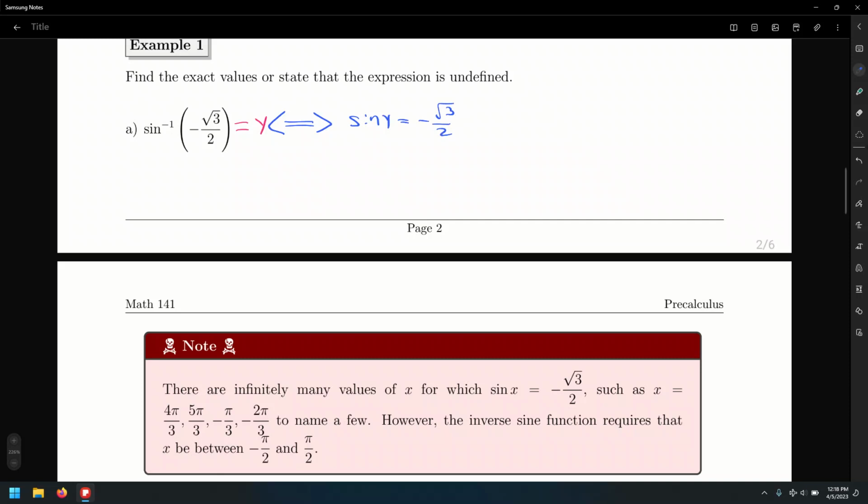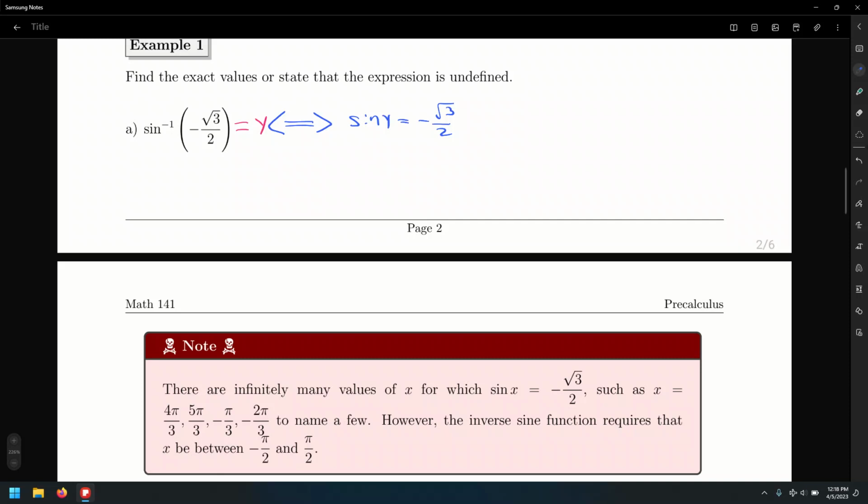Of course, in the previous few sections, we learned about the unit circle. And we know that there are at least two locations in the unit circle, or in the Cartesian plane, for which the sine is negative root of 3 over 2. Or we can also think of infinitely many possibilities, because these angles just repeat themselves after a period of 2 pi.